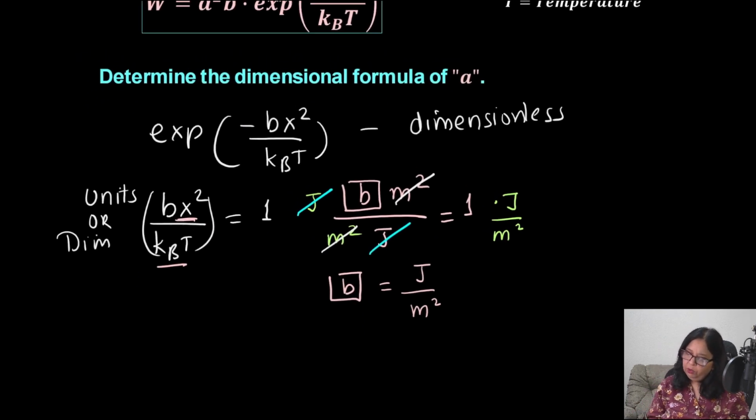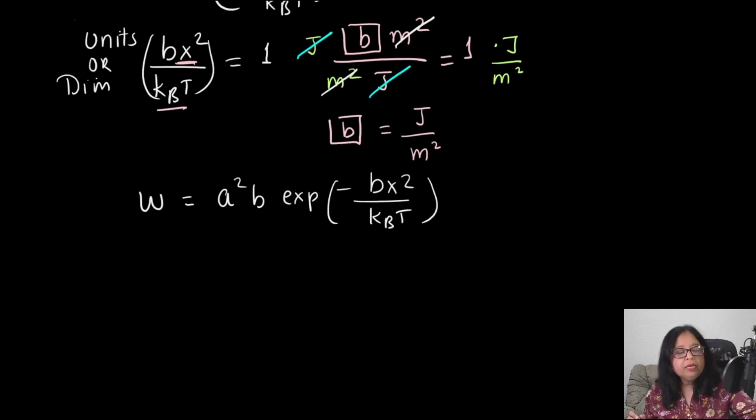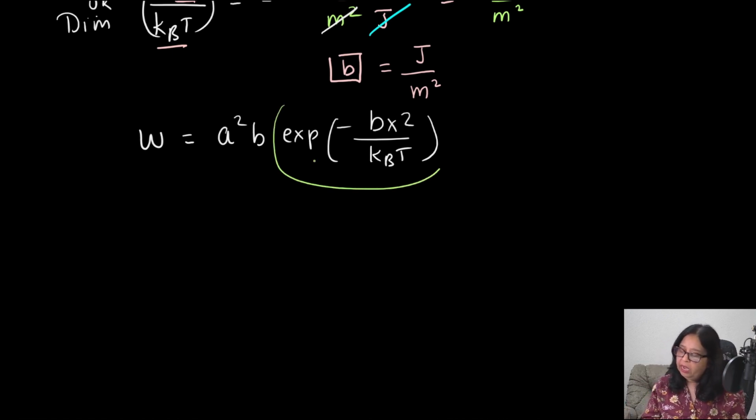Now, the given equation is W, the work done, equals a squared times b times exponential minus bx squared over kbt. Now, when I write in terms of the units, I can totally disregard this exponential factor over here. This does not matter when I write down the units of the whole equation.